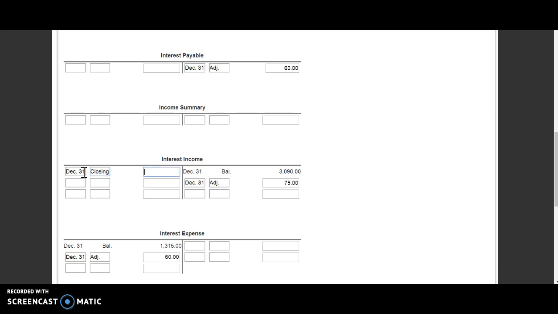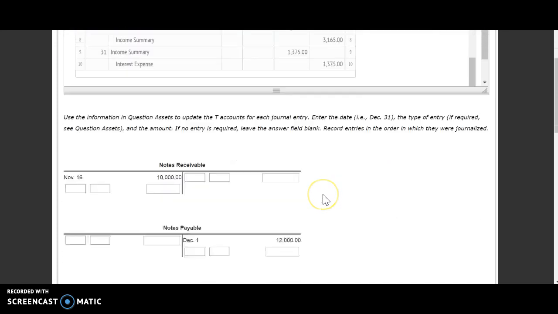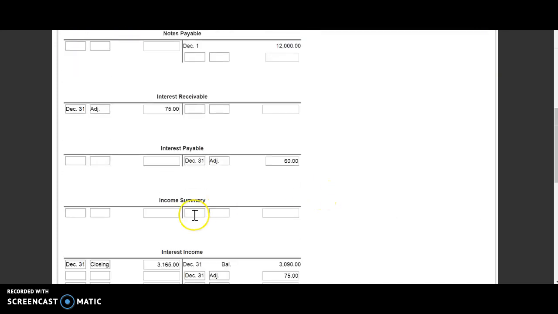I'm going to put the full word for this one. And then that was $3,165. Okay, then I have a credit to income summary. So December 31st, closing entry, and a credit of $3,165.